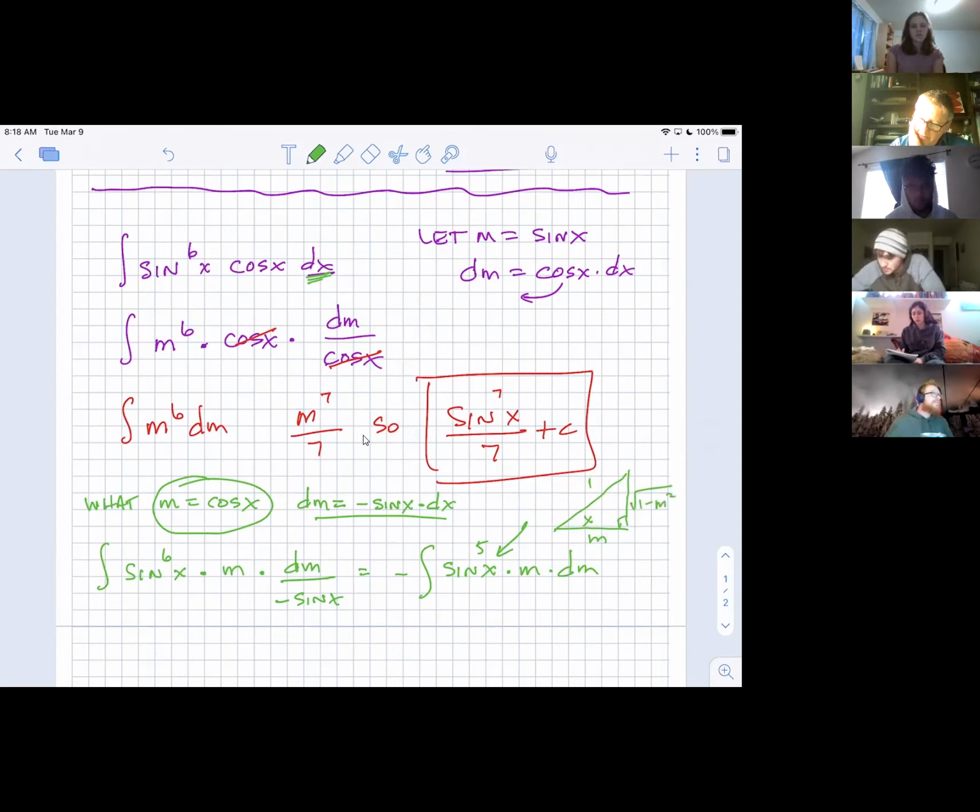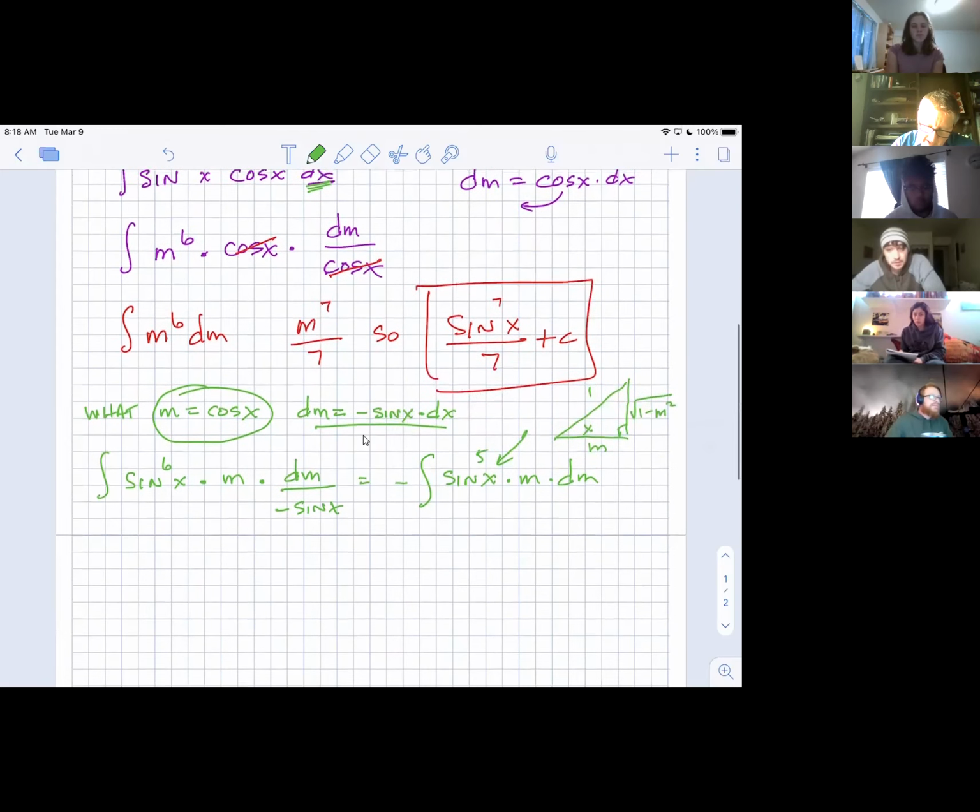And so sine of x is actually equal to the square root of 1 minus m squared. Mission accomplished. Now I got it. It's negative the square root of 1 minus m squared, but then it's raised to the 5th power.